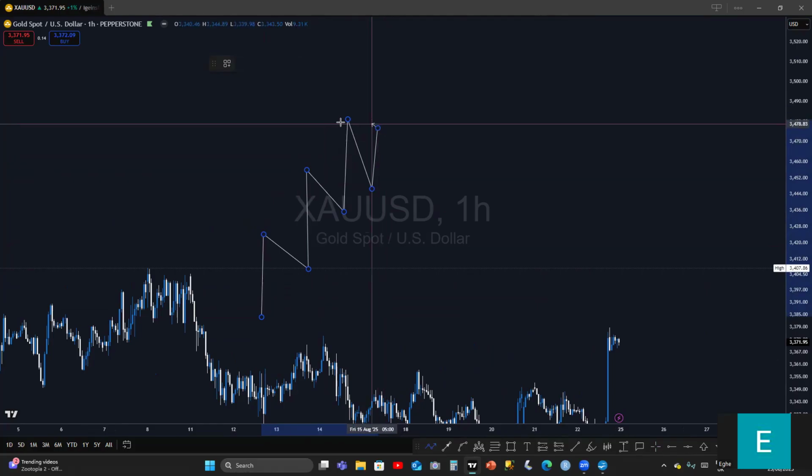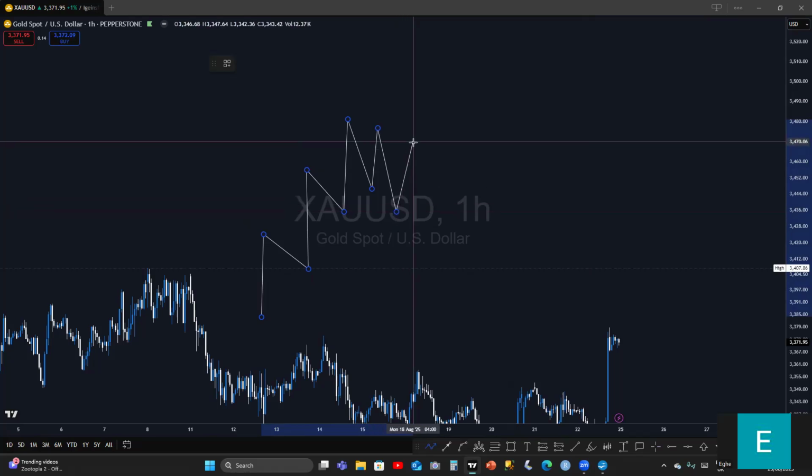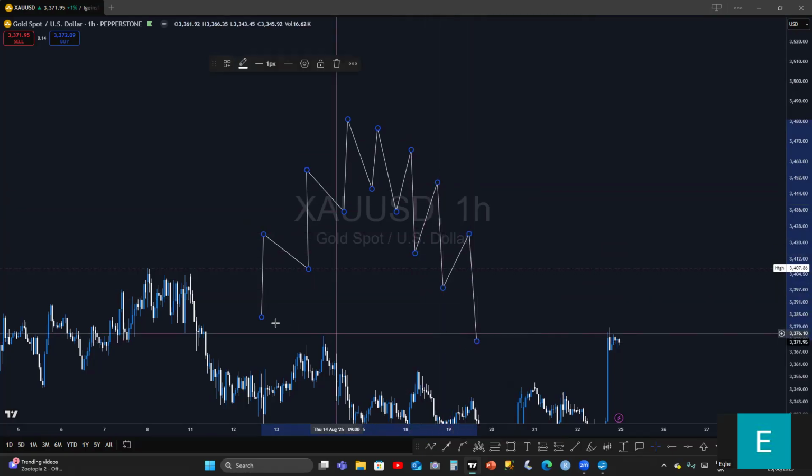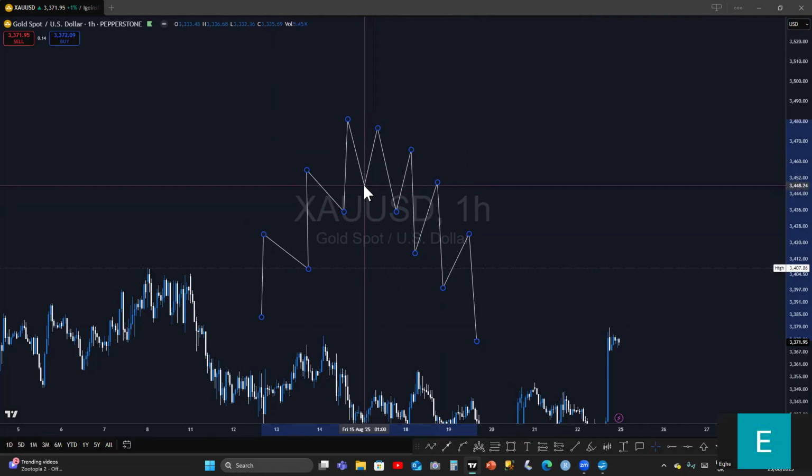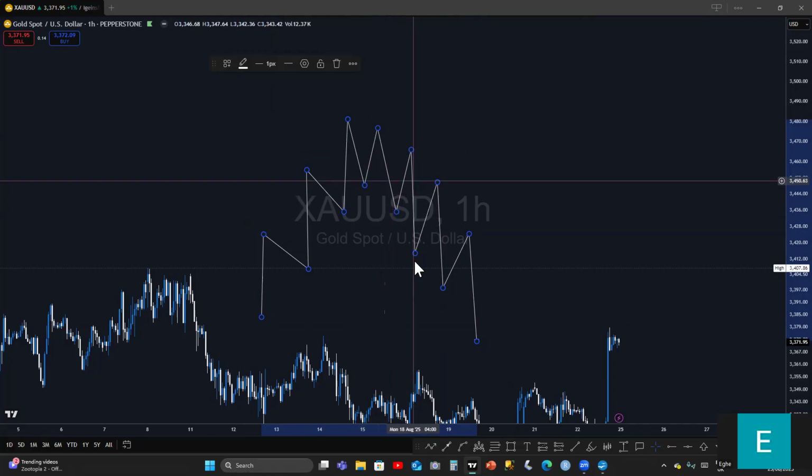That means it failed to create another high. So the next thing you will see is price violating this support level and breaking structure to the downside. So it has now switched from being a bullish trend. After the change of character, or market shift, from here it started breaking structure to the downside.